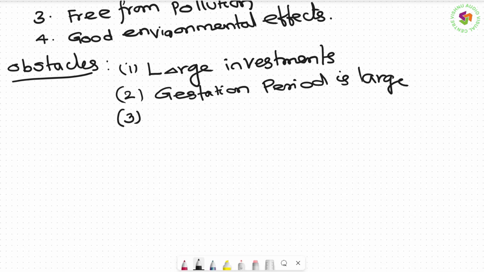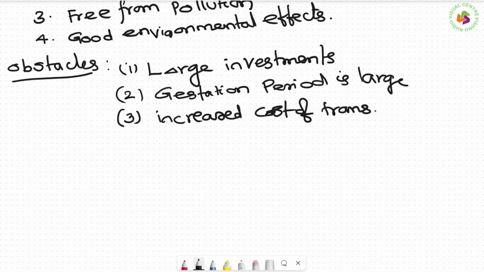Third problem is basically the increased cost of transmission. Naturally, any hydropower plant can be constructed only at rivers. So wherever the rivers are, on the river we construct a dam, and thereby we create a reservoir, and thereby we run the turbines and produce the power.